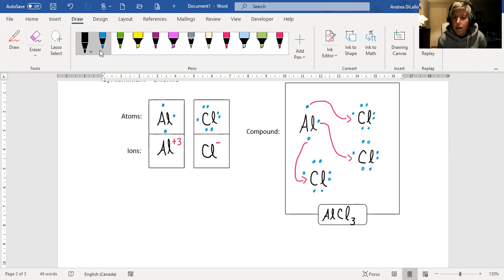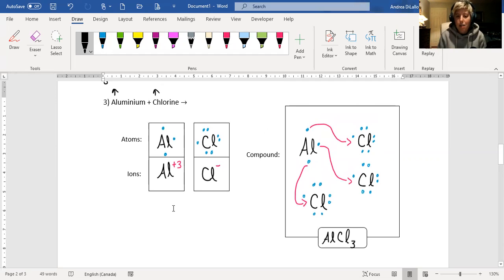Because aluminum has 3 electrons that it needs to get rid of to get a full last shell, but each chlorine can only take 1 electron. So to form aluminum chloride, I need 3 chlorines to each accept 1 electron.